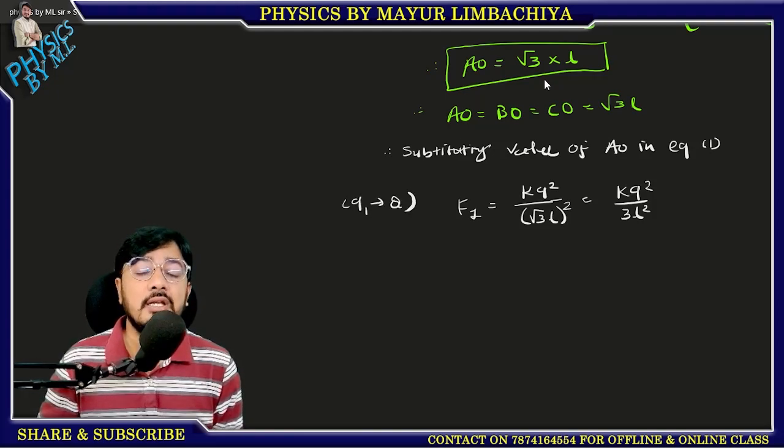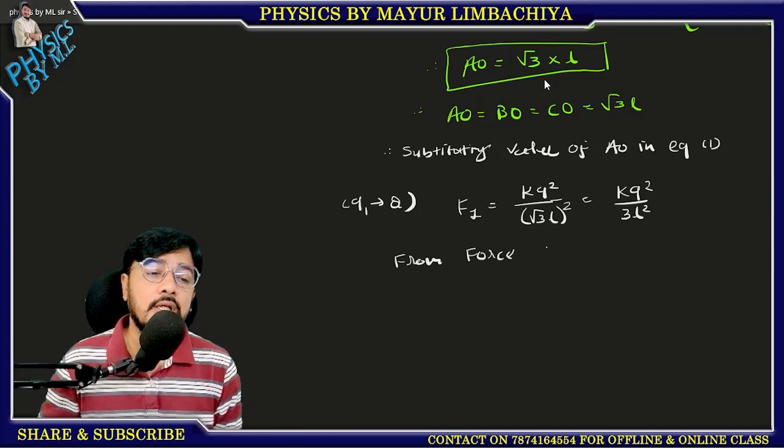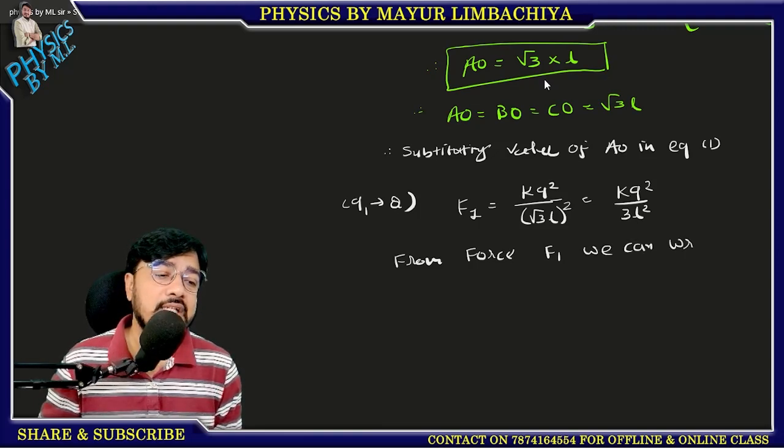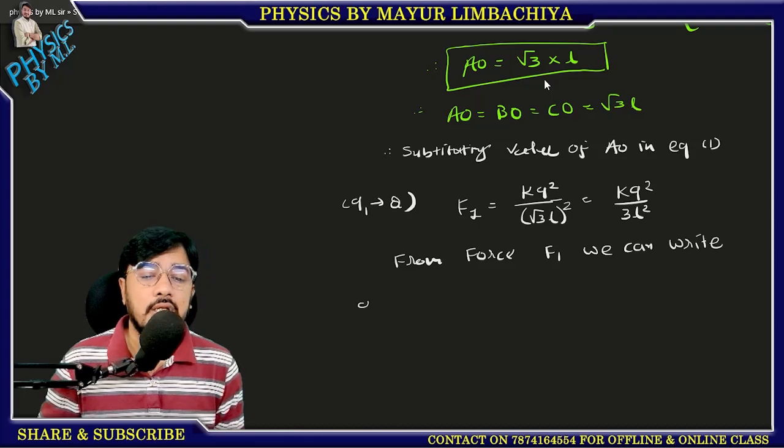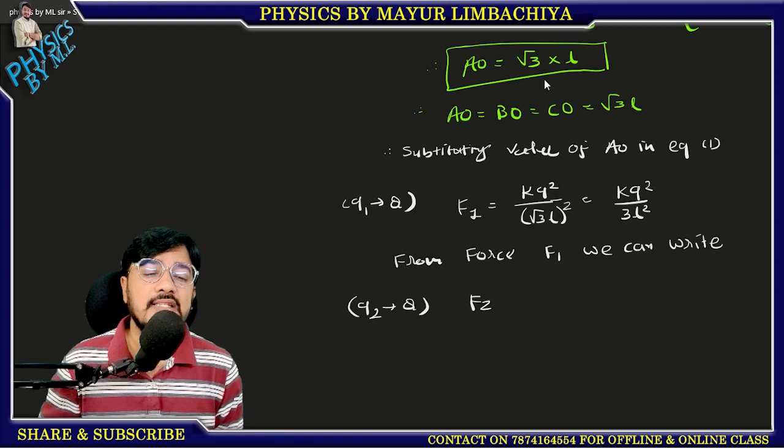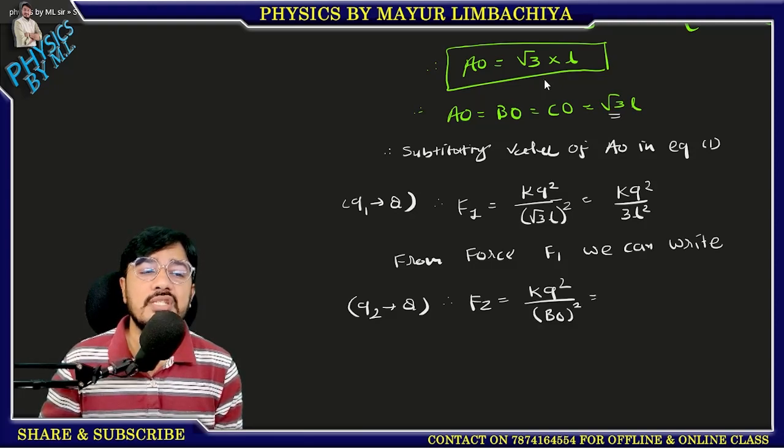From the force F1, we can write the force because of Q2 on Q as F2 is equal to KQ square by BO square. What is the value of BO? Same. So KQ square divided by L by root 3, whole square. So it will be the same.